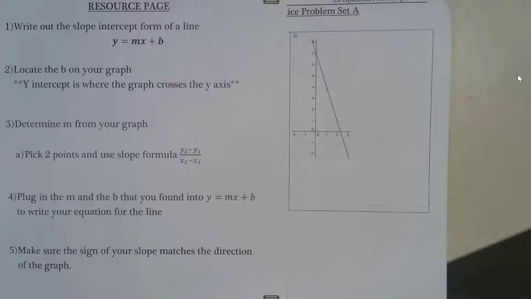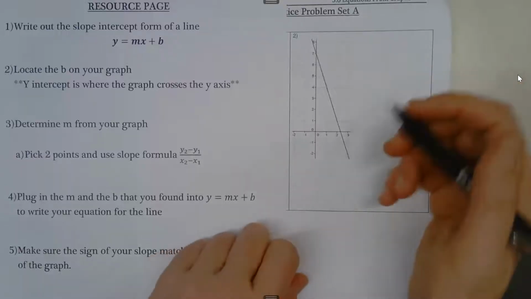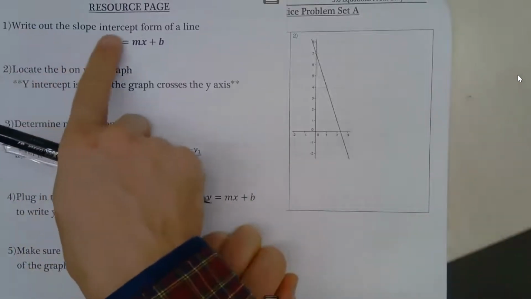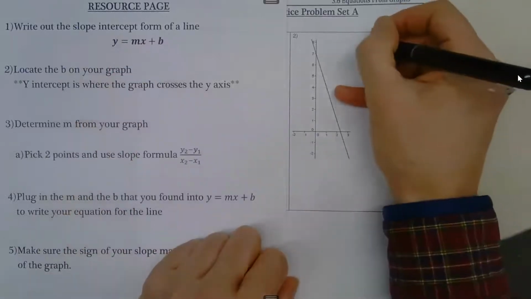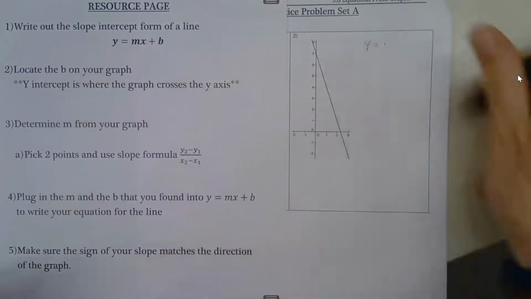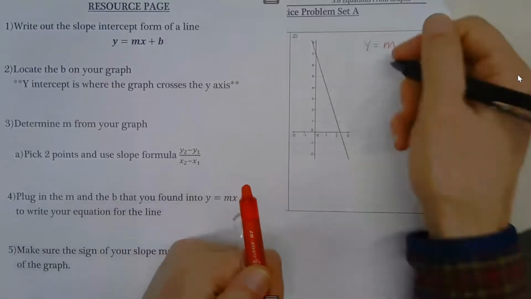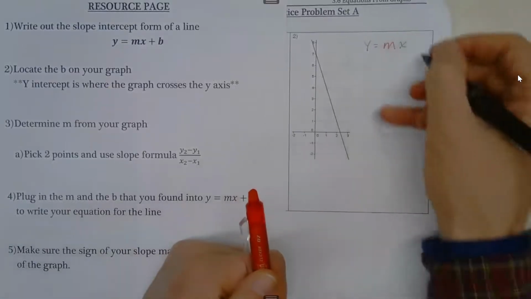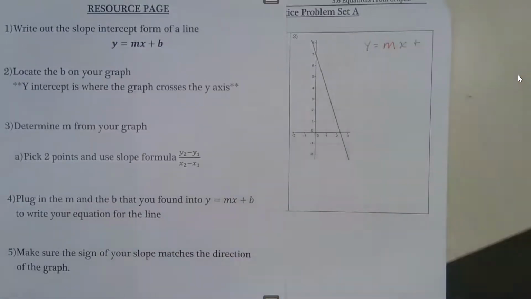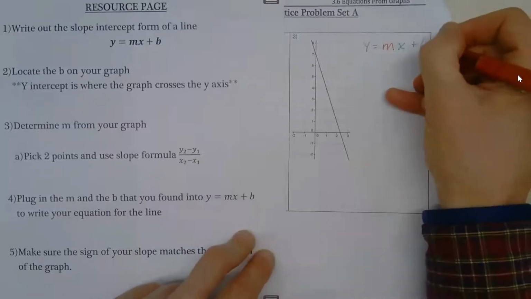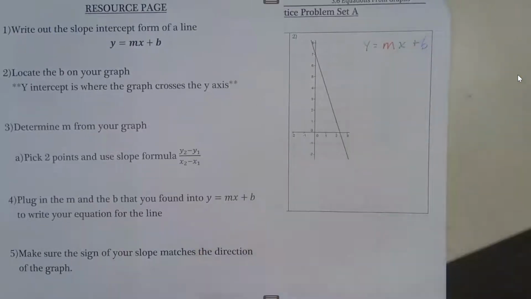Let's do one more example to make sure that we understand how to do this by ourselves. Step one, write out slope intercept form of the line. y equals m, the slope, multiplied by x plus b, the y-intercept.